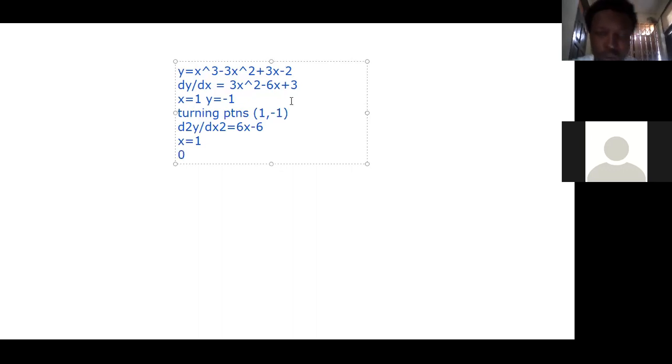So we can conclude that the point (1, -1) is a point of inflection.